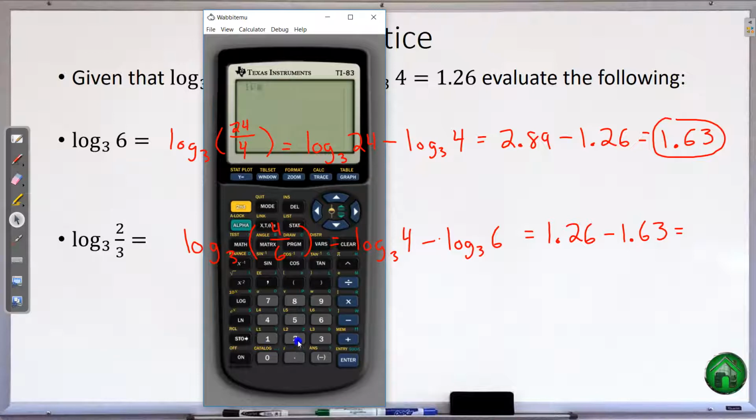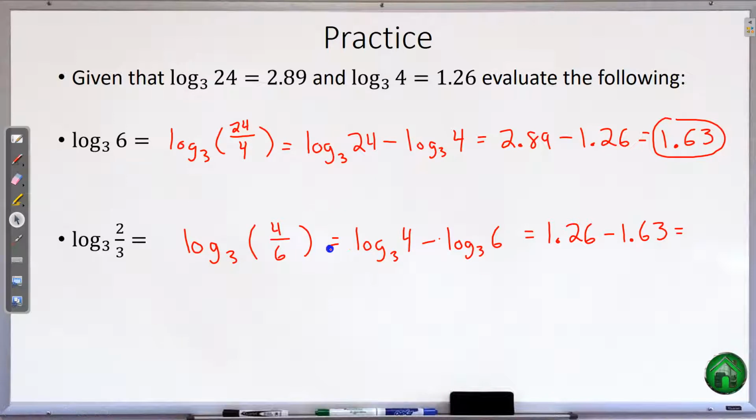So 1.26 minus 1.63 is negative 0.37. There we go.